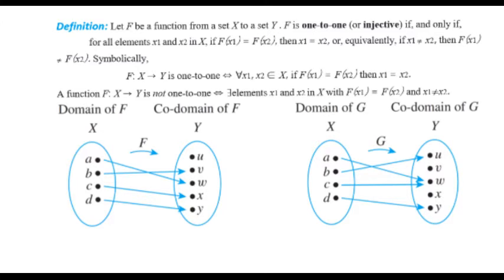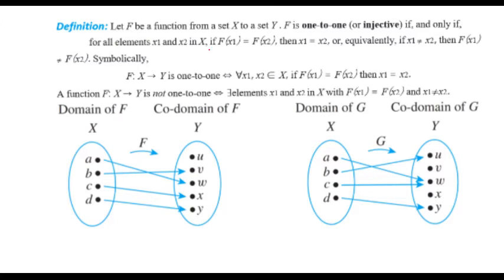We call f a one-to-one function or an injective function if and only if for every pair of elements x1 and x2 in the domain, if f of x1 is equal to f of x2, then x1 should be equal to x2. Or equivalently, if you write the contrapositive of that conditional statement: if x1 is not equal to x2, then f of x1 is not equal to f of x2.